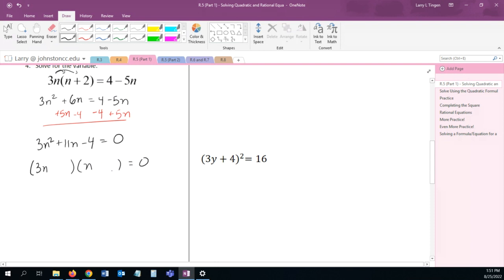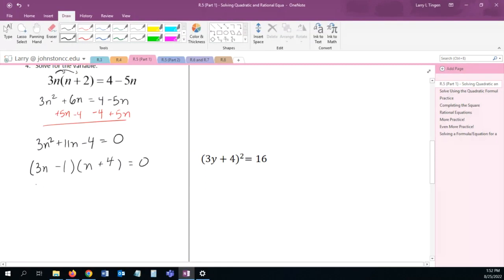Well, if this is 2 times 2, I need to get two things that add to positive 11. And one of them has to be negative, one has to be positive. So if I put a 2 here and a 2 here, I'm never going to get to 11. So it's probably 4 and 1. So I need the 4 over here, so that 4 times 3 is going to give me 12, and then I'm going to take away 1, that's going to leave me 11. So that's a plus and that's a minus.